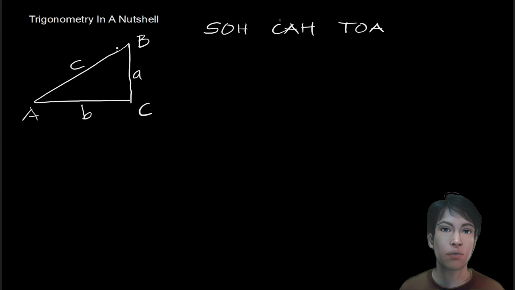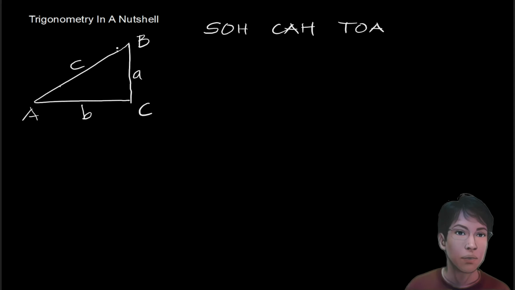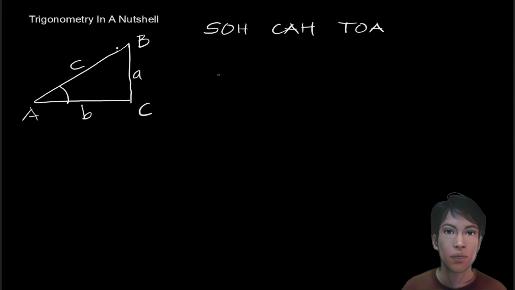The cosine of any angle is adjacent over hypotenuse. The tangent of any angle is opposite over adjacent. So let's consider angle A. Sine A is A over C, so opposite over hypotenuse.